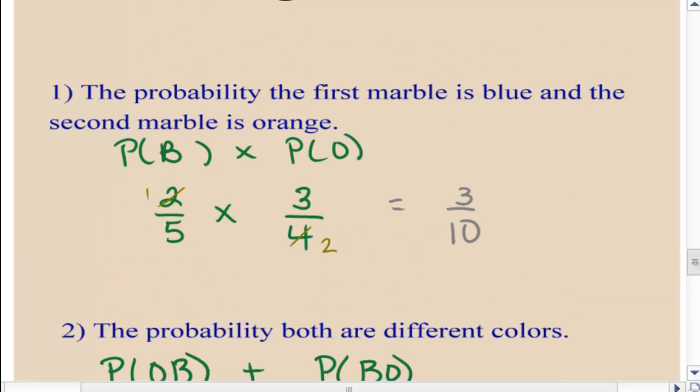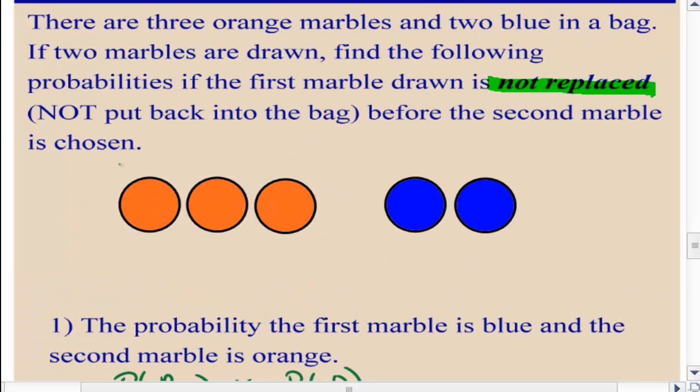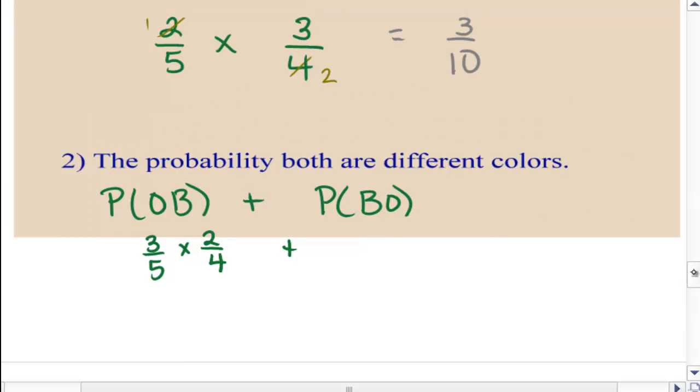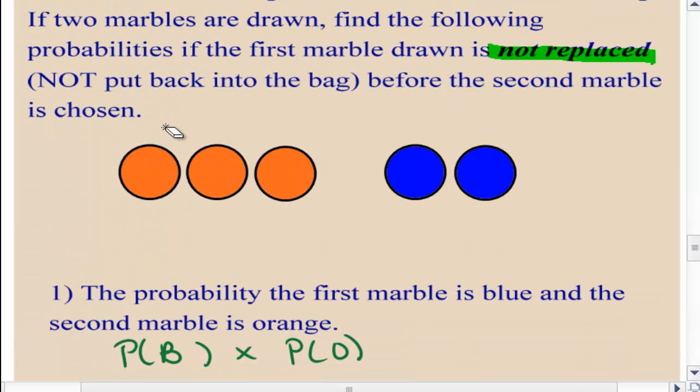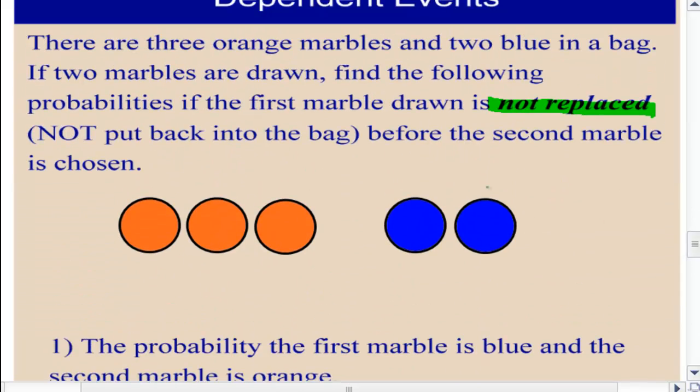So the probability of getting an orange was 3/5, but then once we take away an orange, the probability of getting a blue is 2/4. You can put 2/4 or 1/2, it doesn't matter. Plus the probability of getting a blue first would be 2/5, and the probability of getting an orange second would be 3/4.